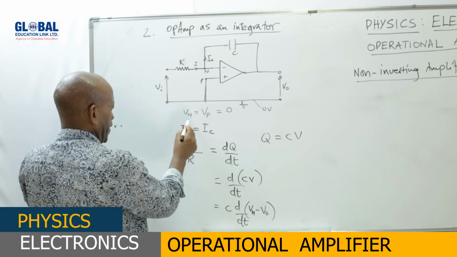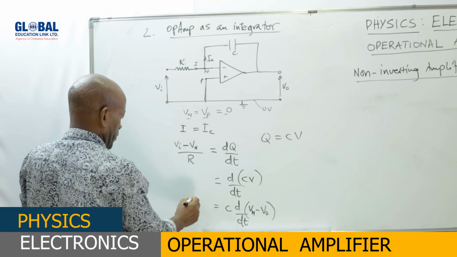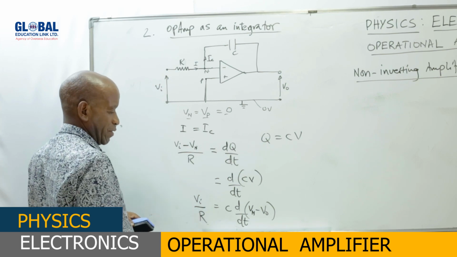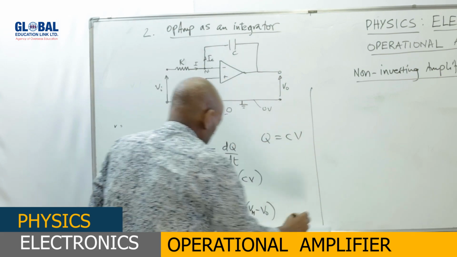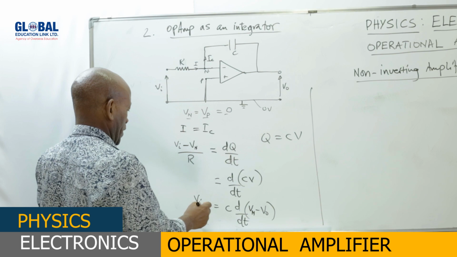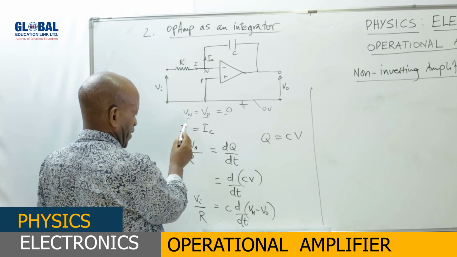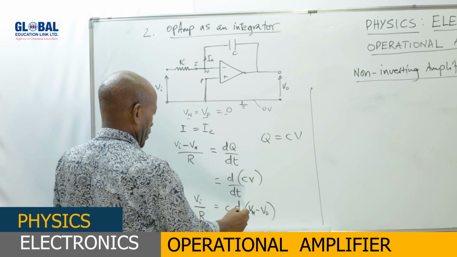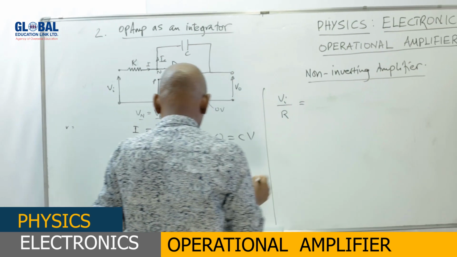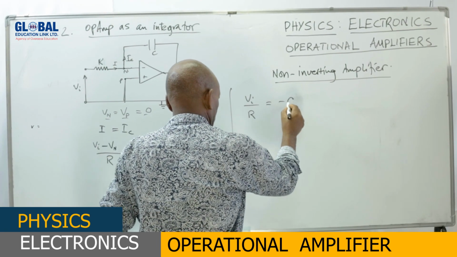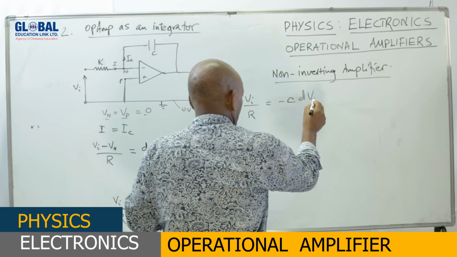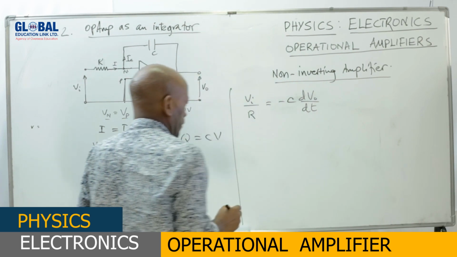But remember, Vn is equal to Vp, which is equal to 0. So here we'll be remaining with the input voltage over R. And therefore, if we rearrange this expression, remembering again that Vn here is also 0, we'll have the input voltage over R equal to minus C dV0/dt.